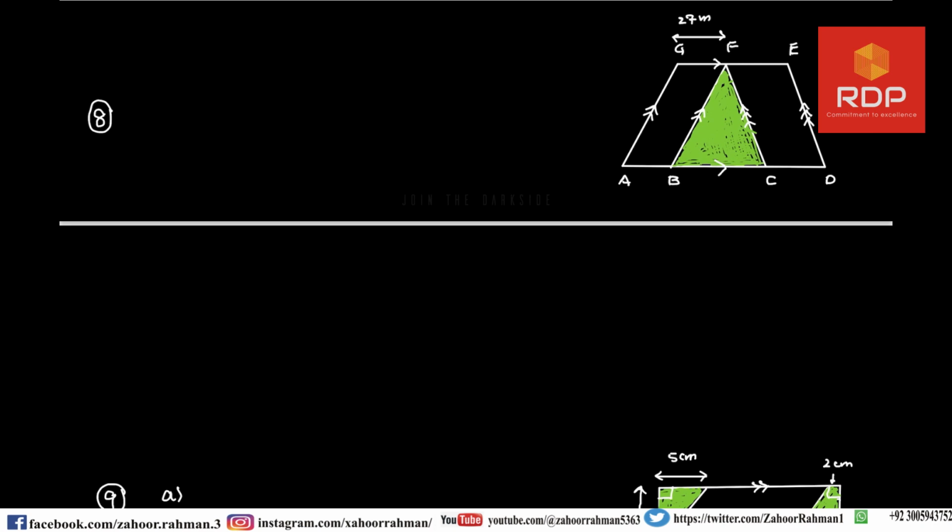Now we are turning our focus to the intermediate level questions on these perimeters and areas of the parallelogram. Now question number 8 is saying, in the figure ABFG and CDEF are two parallelograms such that the sum of their areas is 702 meters square.